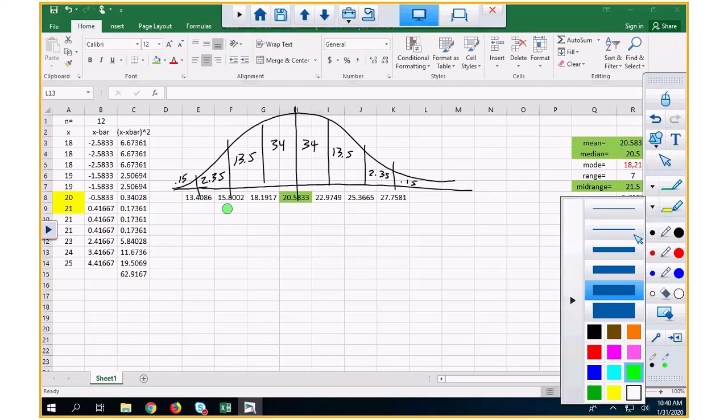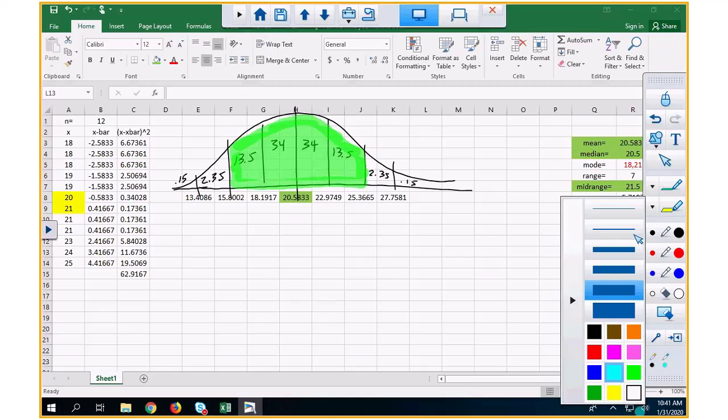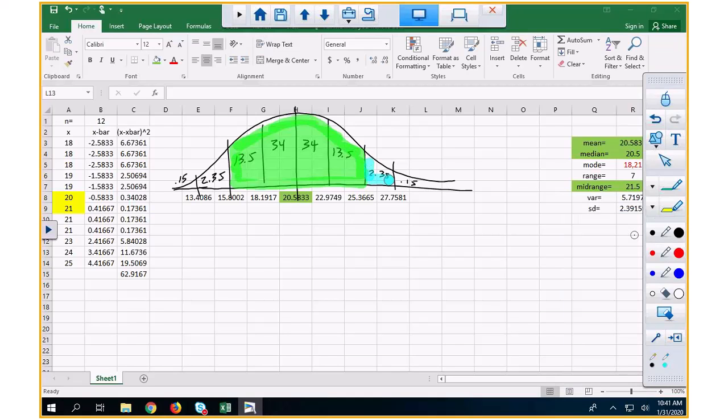Well, 15.8 to what? 25 point blah, blah, blah. Y'all were right when you said 34 and 34 and 13.5. That's normal. Not unusual. Not unusual, exactly. That's what some books call it. Because normal is too simple. And take my handy dandy aqua, and there is unusual.